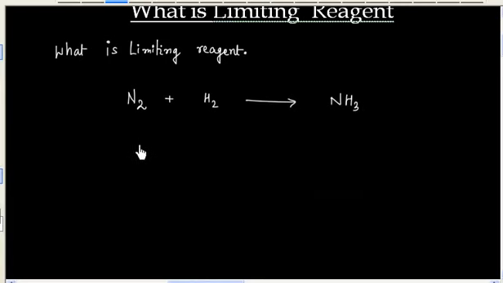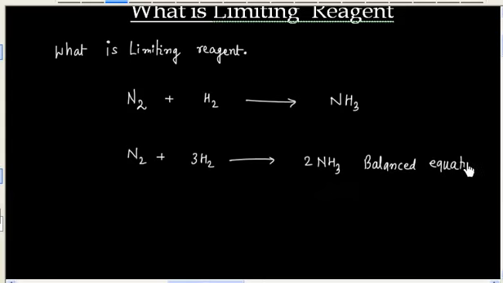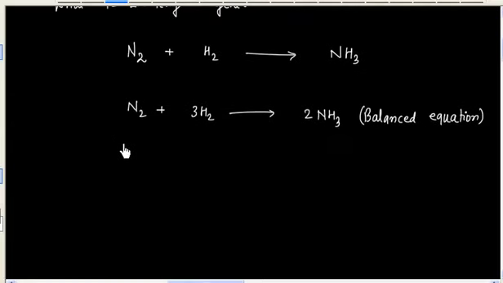We can balance this reaction, so this is balanced equation. Let us say initially we have 3 mole of nitrogen and 10 mole of hydrogen.